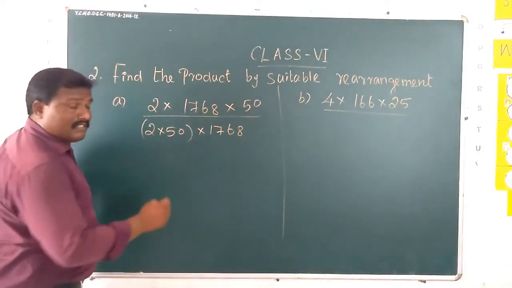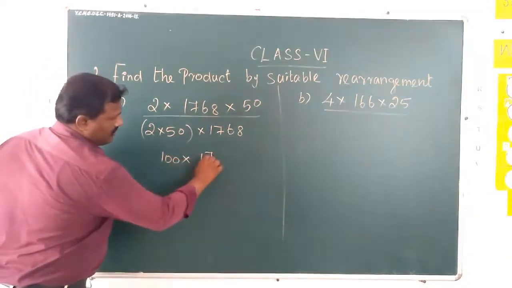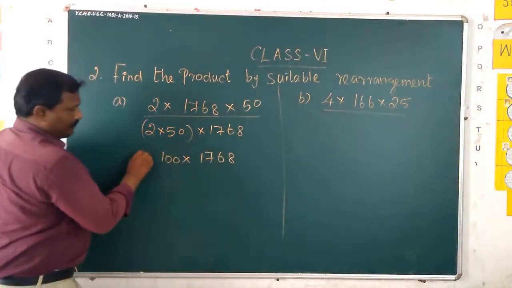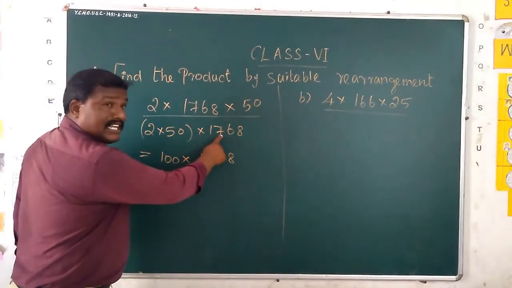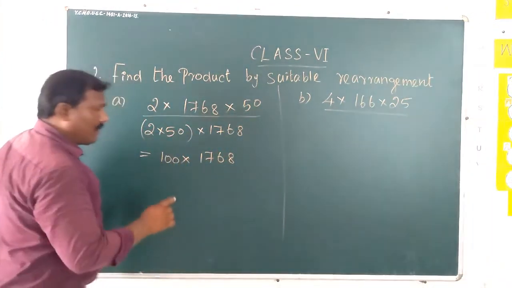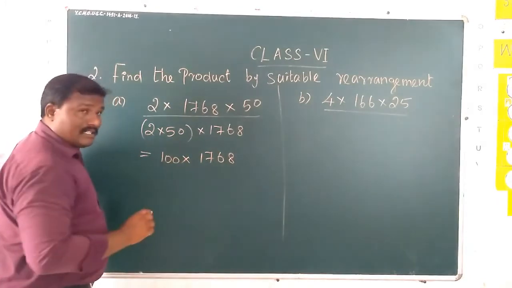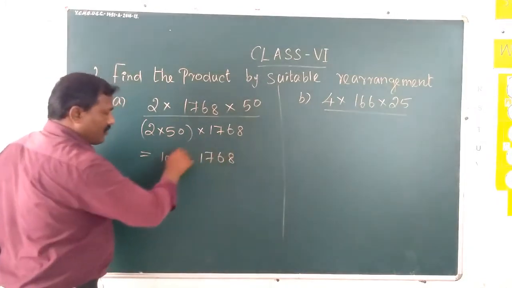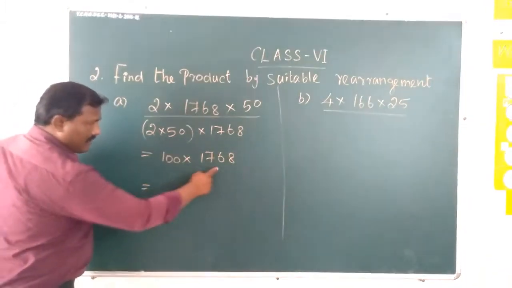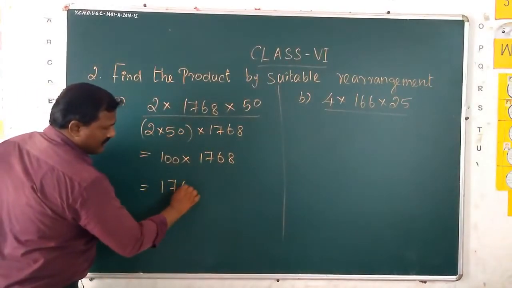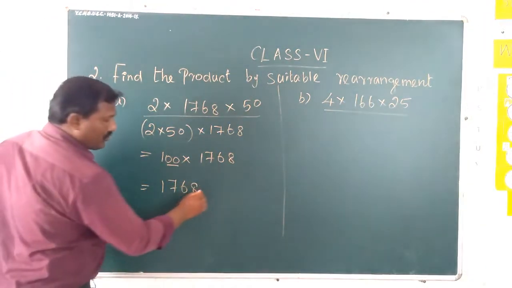2 50s are, I know, 100. Then I will take the number as it is. If you multiply this, we can do it like this, with zeros. But simply I will tell you one thing. Write this number 1768. Here how many zeros are there? 2 zeros.